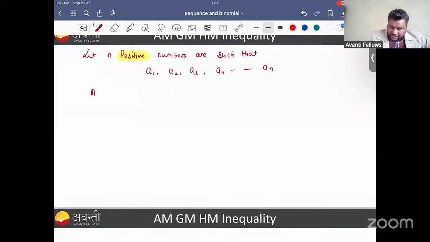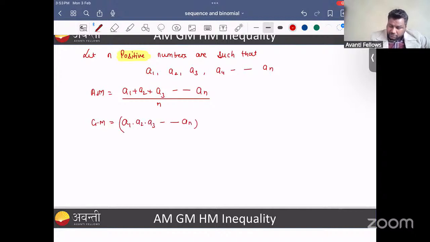And their arithmetic mean is A1 plus A2 plus A3 up to AN whole divided by N. Their geometric mean is A1, A2, A3 up to AN whole to the power 1 by N, and their harmonic mean is N upon 1 by A1 plus 1 by A2 plus 1 by A3 up to 1 upon AN.